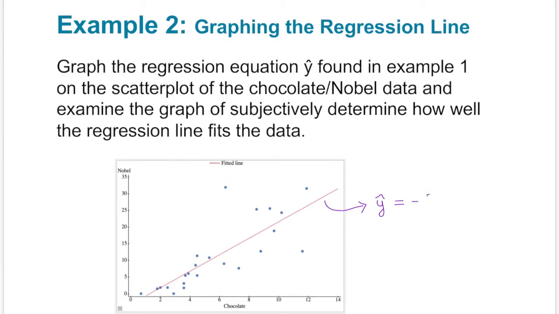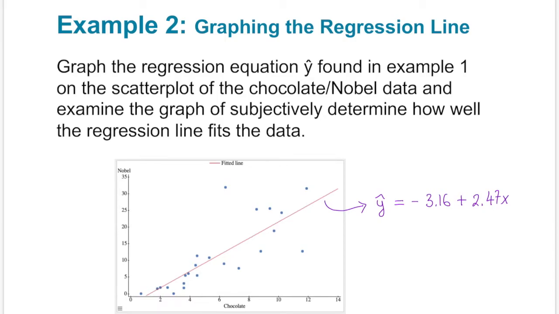Y hat equals negative 3.16 plus 2.47x. This line is just the model of the data. If I want to estimate the y value for any given x, I will use this line.